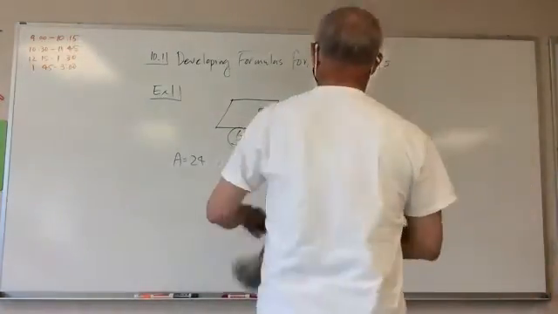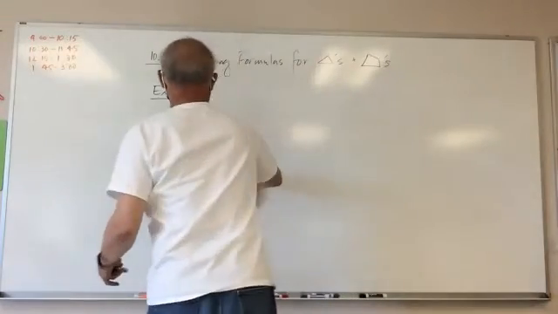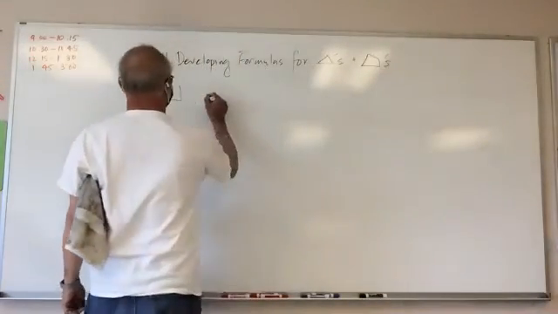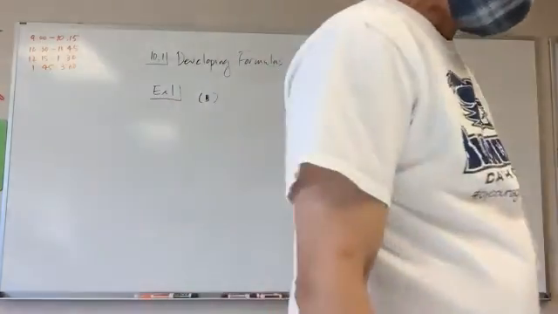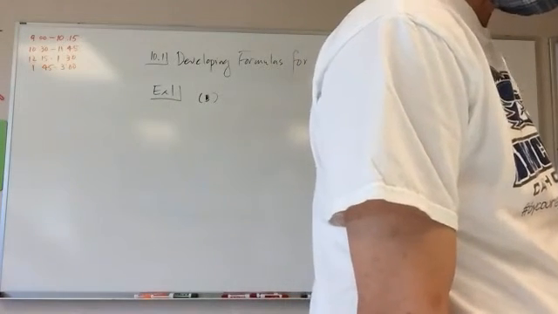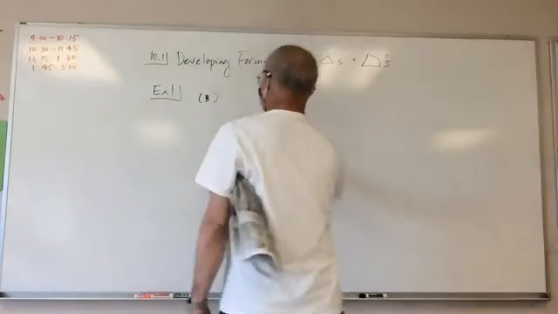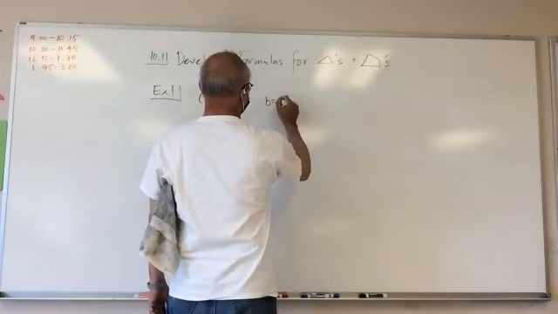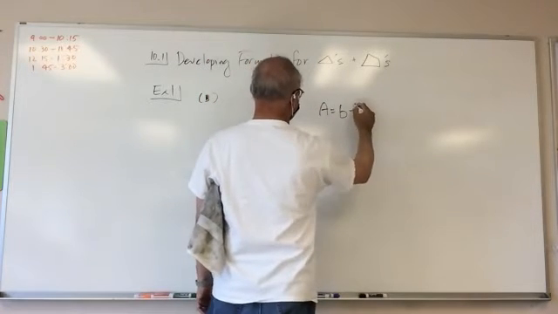Height of a rectangle. This would be B. The height of a rectangle in which B is equal to 5 and A is equal to 5x squared minus 5x. So B was equal to 5. Area of a rectangle was base times height.